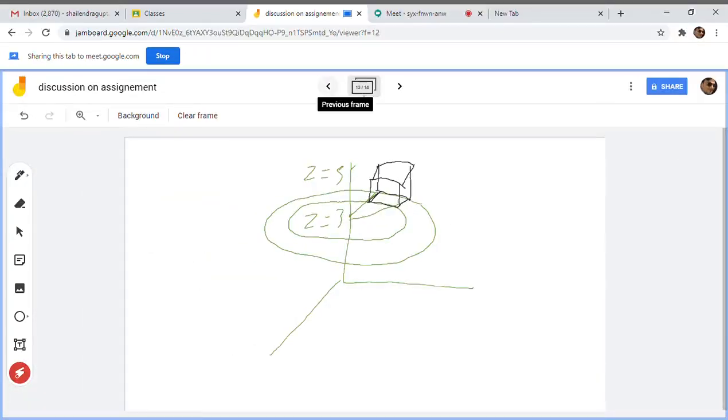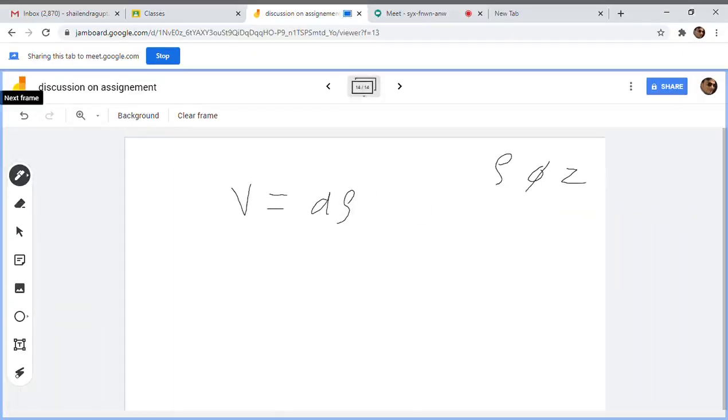If this is r and this is the angle phi, the arc will be r d phi. Sorry, this will not be r, this will be rho.